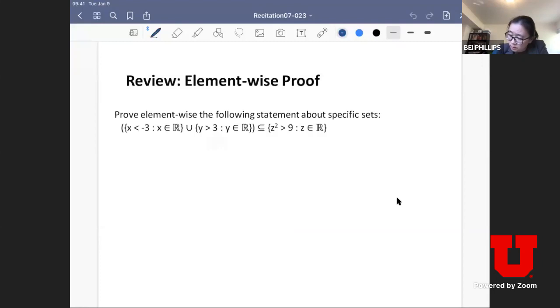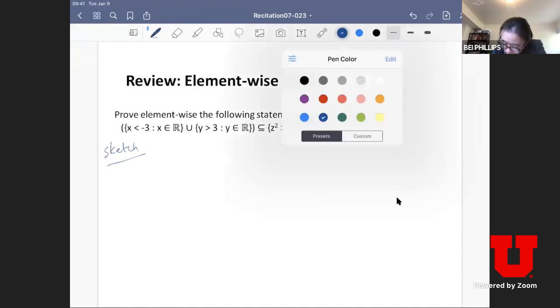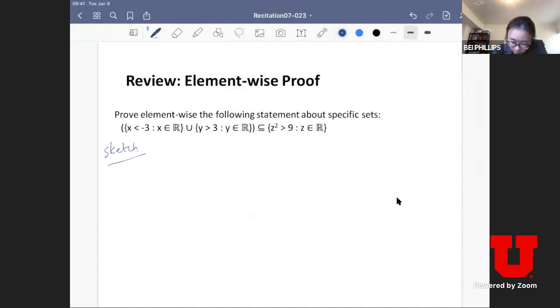So this is going to be my proof sketch. And to give you a hint, we're going to prove using set membership, and then, of course, the definition of union and the definition of subset.